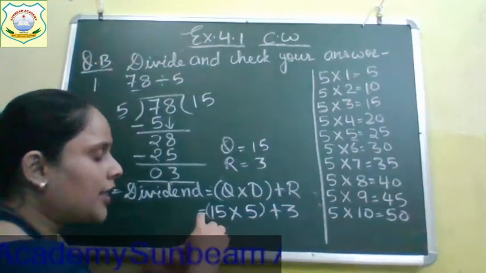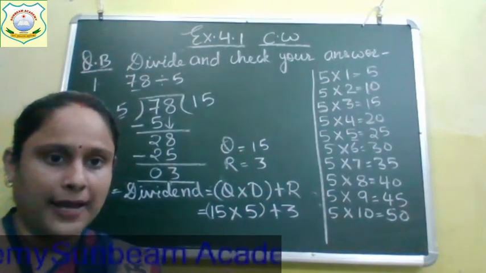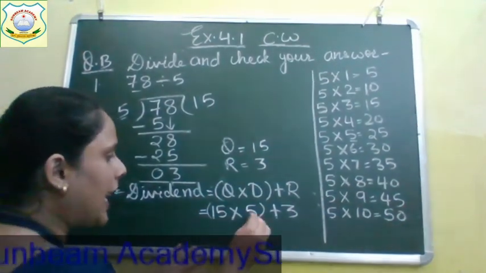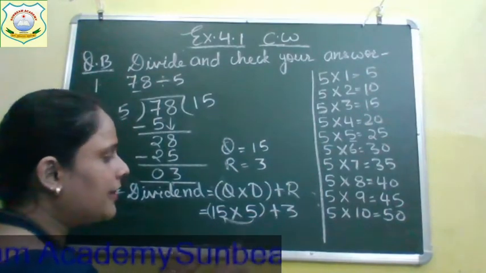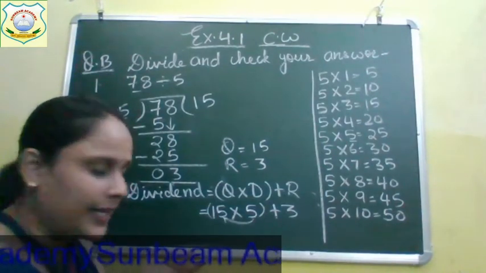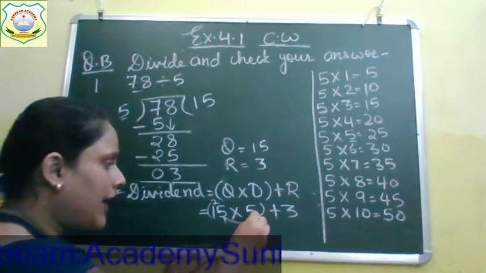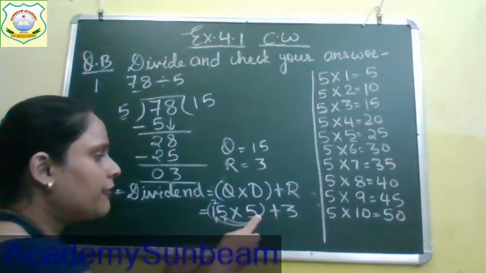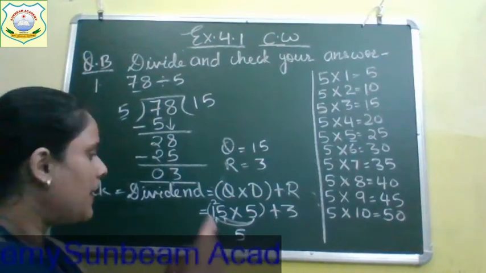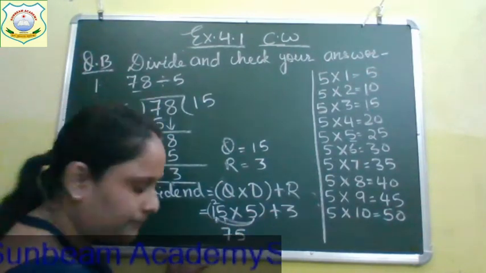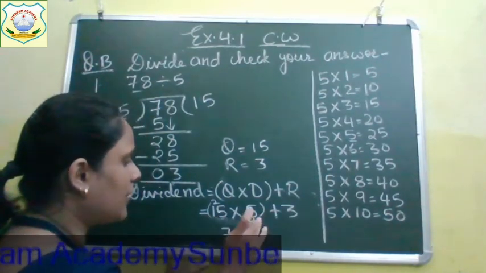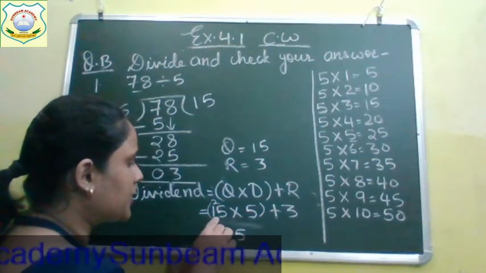Now, we will apply horizontal multiplication over here. 5 multiplied by 5, 5 fives are 25. 5, 2 goes carry. 5 will be multiplied by 1 now. 5 ones are 5, plus 2 you will get 7. Okay, now the multiplication is done.